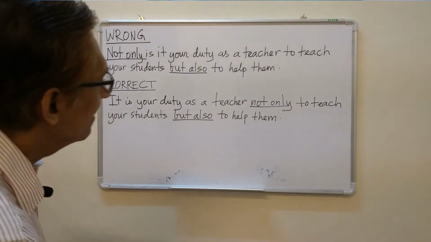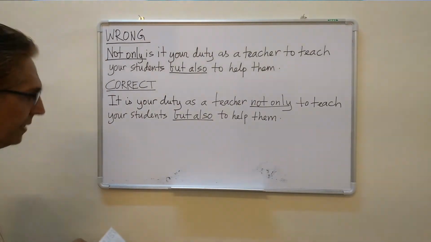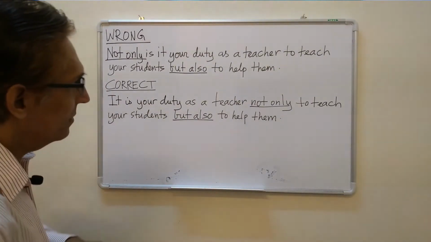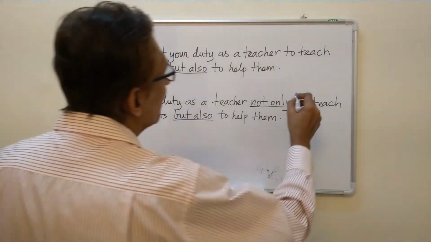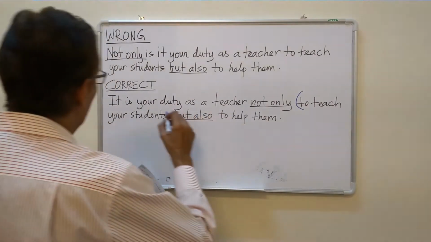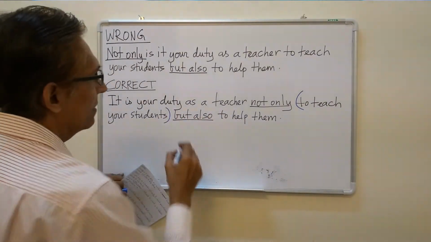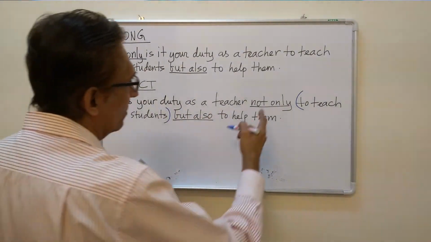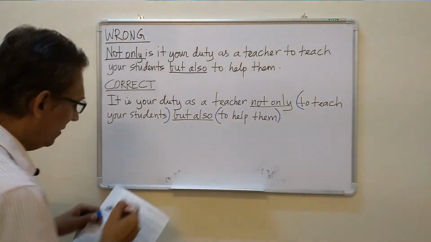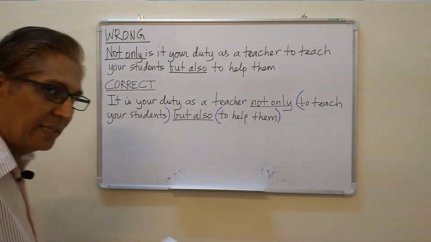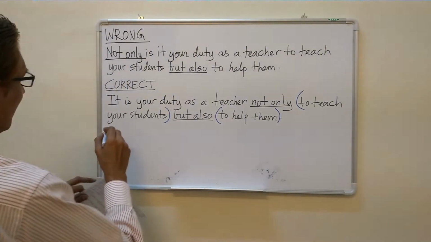As you can see, the correlatives not only and but also are followed by a phrase. To teach your students follows not only, and to help them follows but also. The explanation is given in this sentence.